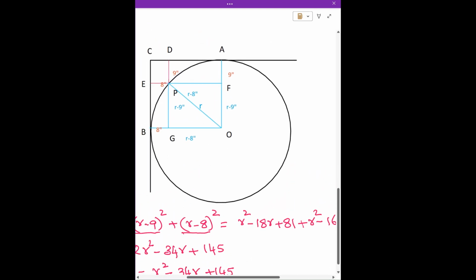Now look at the diagram. AO, which is R, is definitely more than 9.